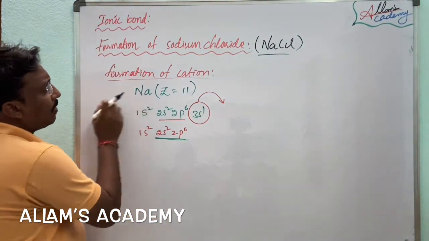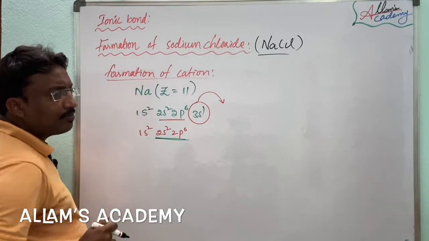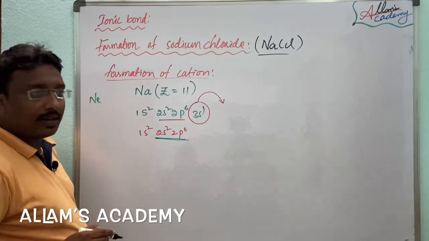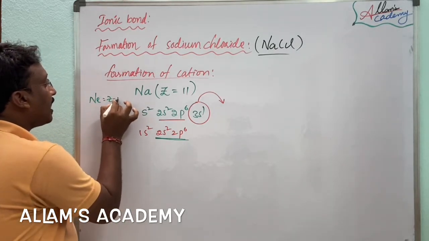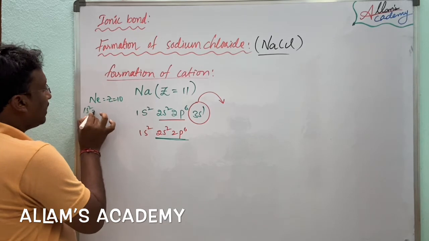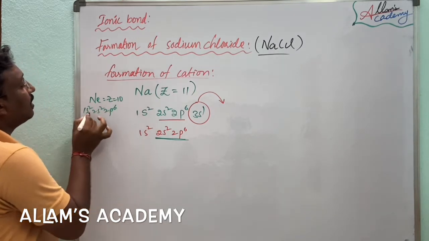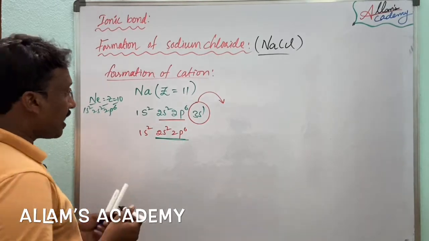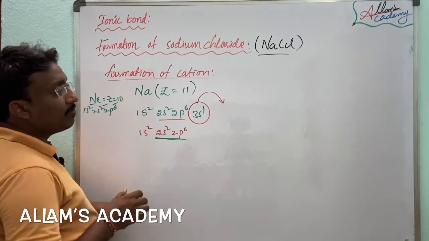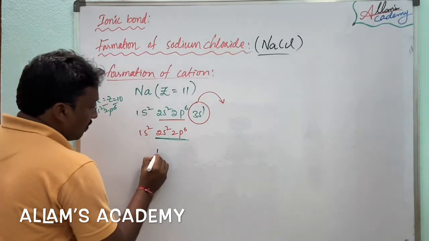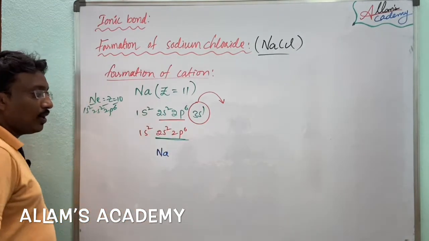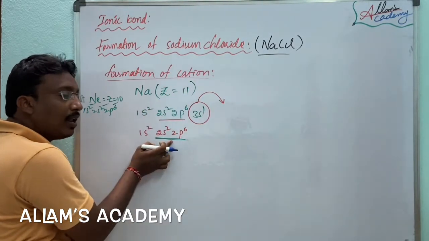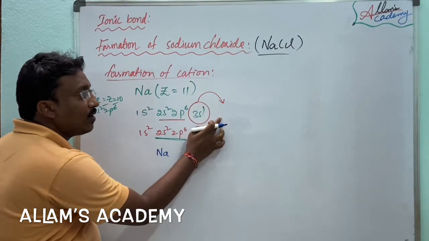The nearest noble gas for sodium is neon, atomic number 10, with electronic configuration 1s2, 2s2, 2p6. So sodium gains the stable electronic configuration by losing one electron.